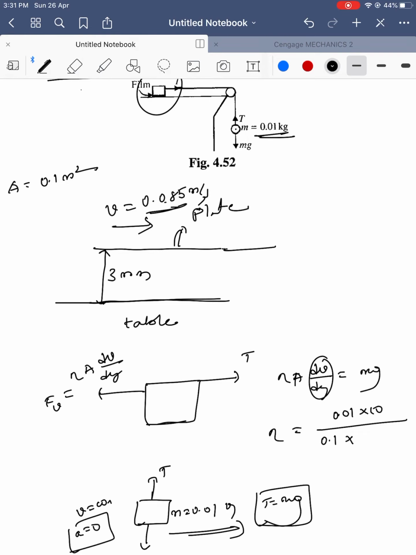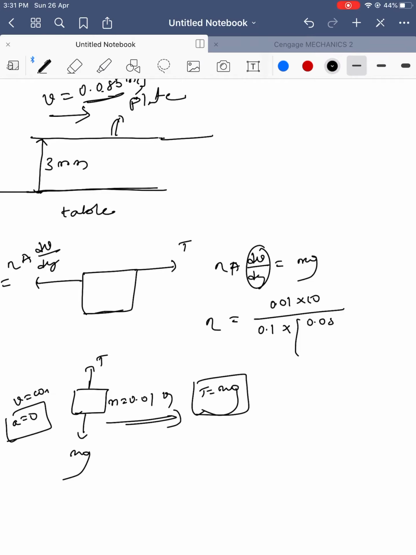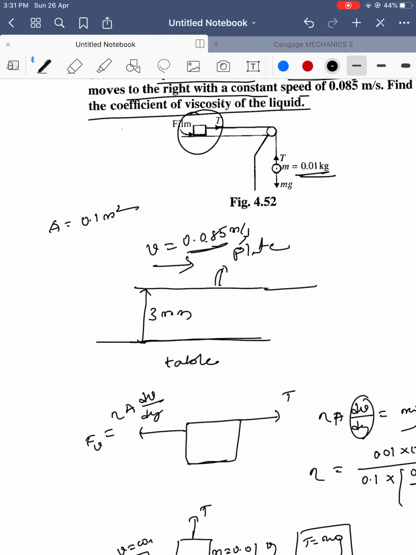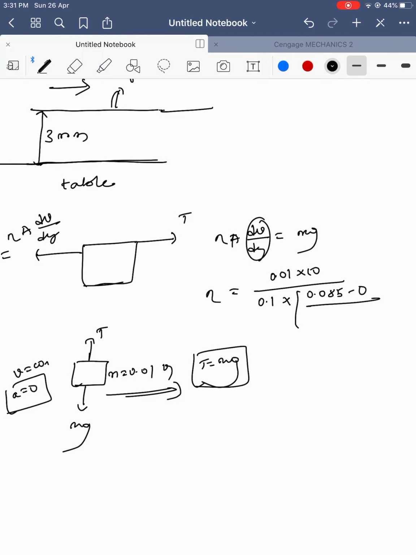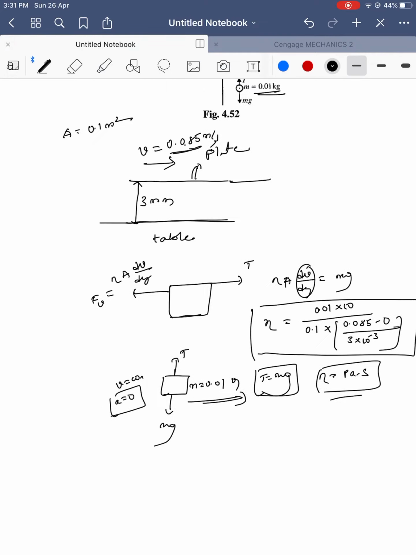Upper velocity is 0.085 minus lower part velocity 0, by the distance, 3 millimeter, 3 into 10 power minus 3. If you simplify, you will get the answer in Pascal second. Okay, so let's go to the other question.